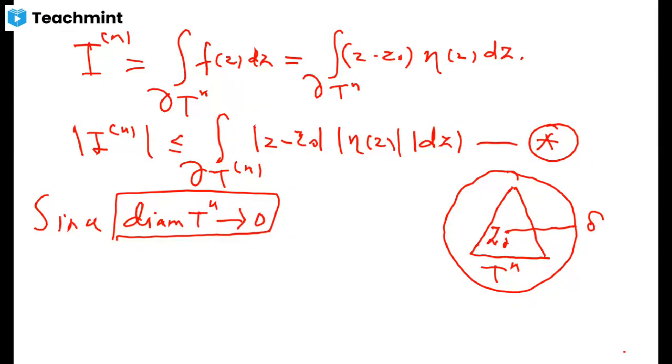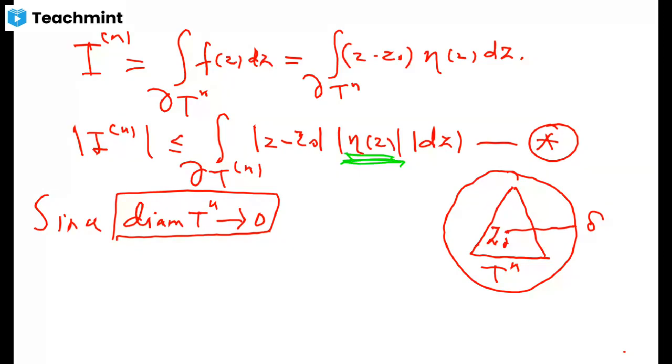Now, in equation star, if this triangle is inside this disk, you have estimates for this. What are the estimates for this disk? Inside this disk, the modulus of eta z is less than epsilon.